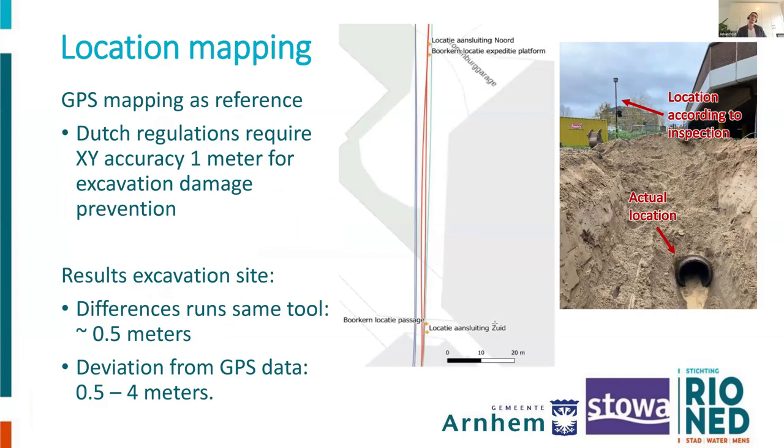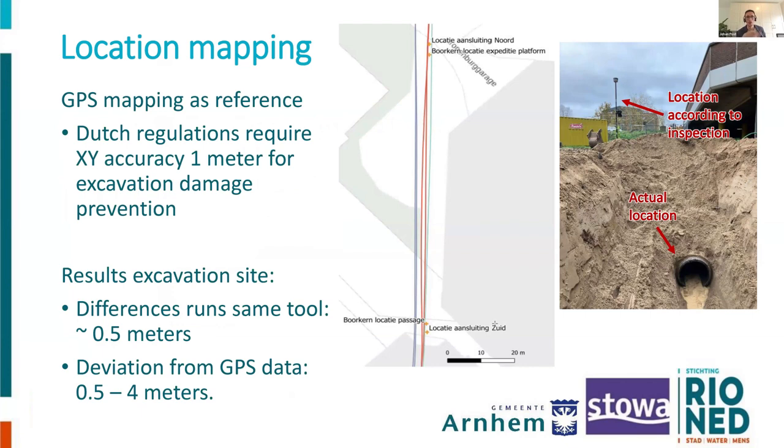If we're talking about location mapping, then we use GPS mapping as a reference. The photo I showed earlier, where we dug up the pipe and extracted several pipe segments, we also used that opportunity to GPS measure the exact location of the pipe and compare that to the different inspections.